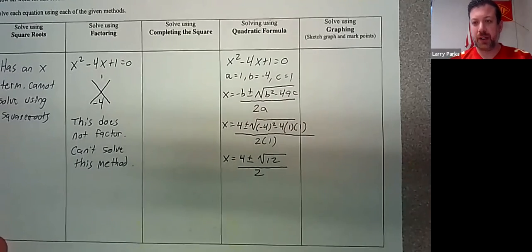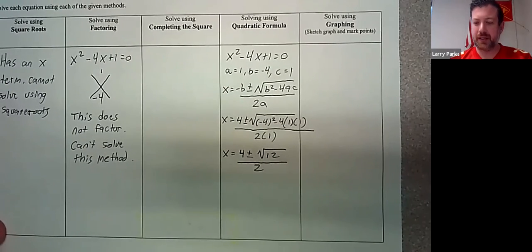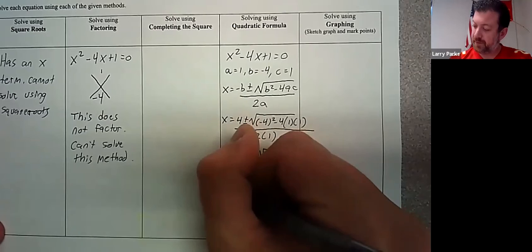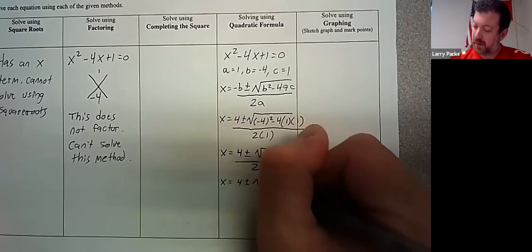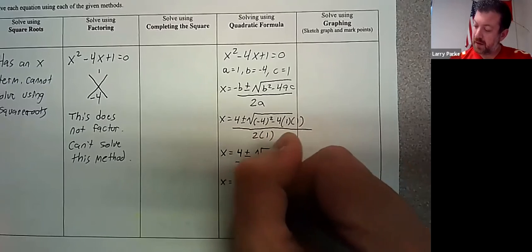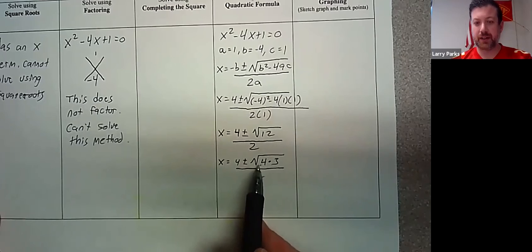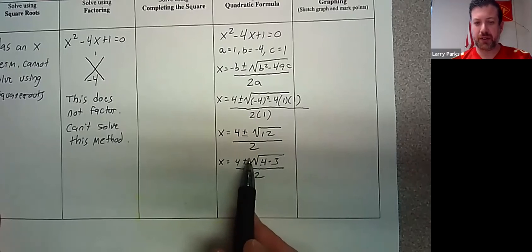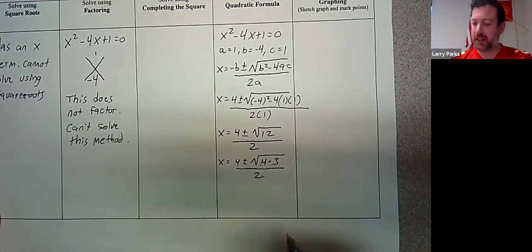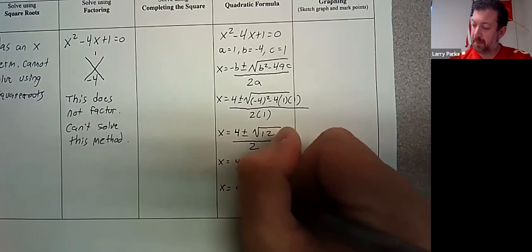And then the square root of 12 reduces. I could write that as 4 times 3. And then, of course, the square root of 4 is 2, so I could take the square root of the 4, but leave the 3. So the 2 will come out here, 3 stays inside.